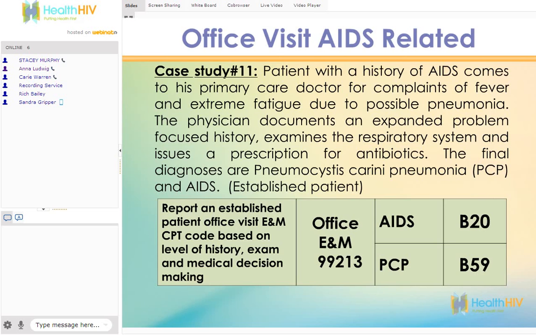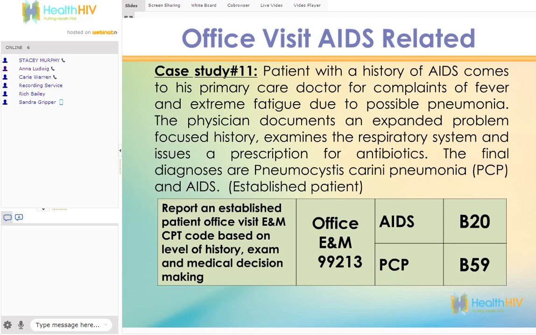So the principal diagnosis is B20, and the secondary diagnosis is B59. And this is in accordance with the coding guidelines that say anytime a patient has any AIDS-related conditions or opportunistic infections, the AIDS is sequenced as the principal diagnosis. Any patients that have opportunistic infections would no longer be diagnosed as HIV positive.